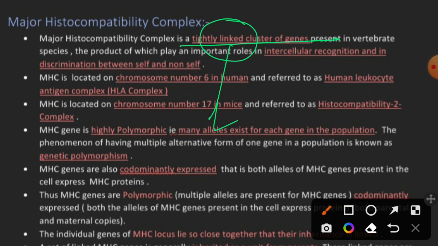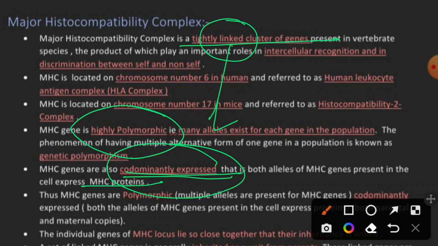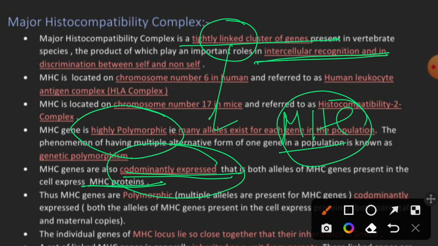These MHC genes are highly polymorphic, that means they have more than one allele, and they are codominantly expressed, that means all the alleles will be expressed and give us the protein. Those are the three important characteristics of MHC genes, and these genes give us MHC protein, which helps in intercellular recognition and in discrimination between self and non-self.